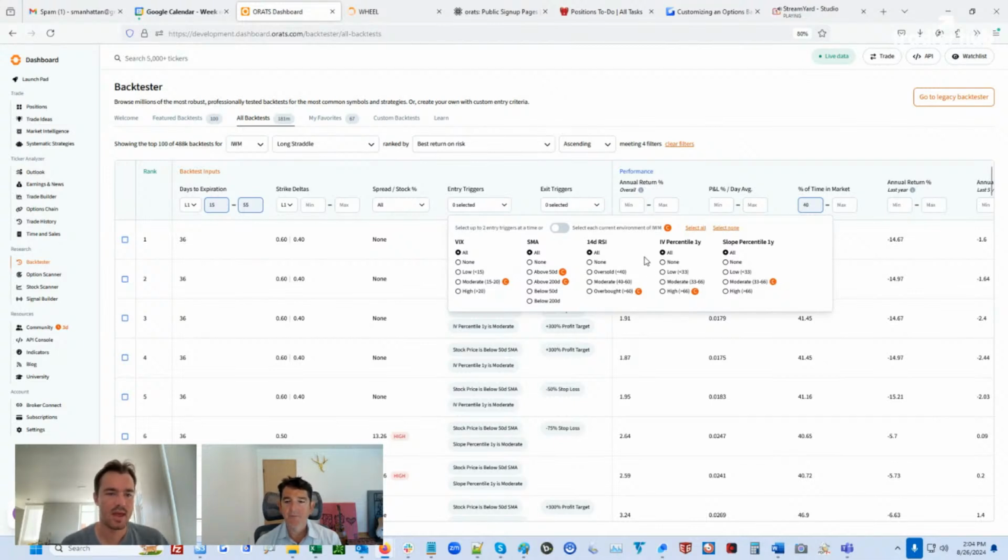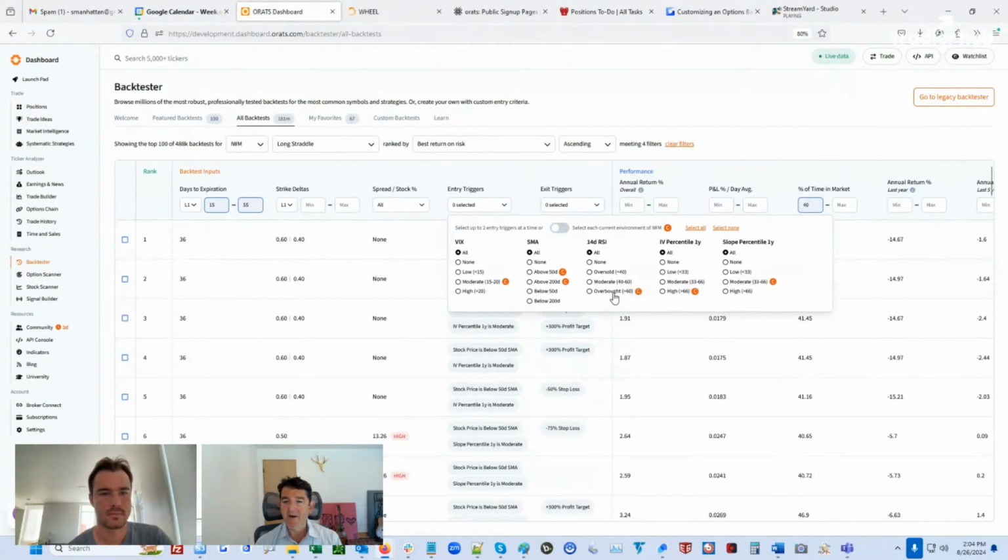So the entry triggers on the backtest finder, again, these are ones that we've already tested. So you don't even have to run the backtest. You can just search it and find it and see the results right there in the table. But if you want something more custom, you can use the legacy backtester by clicking the orange button in the top right.